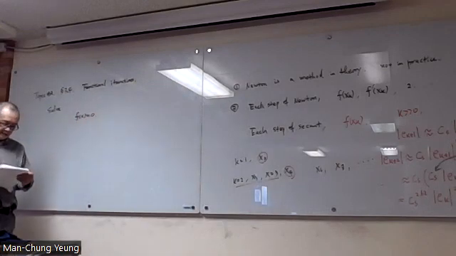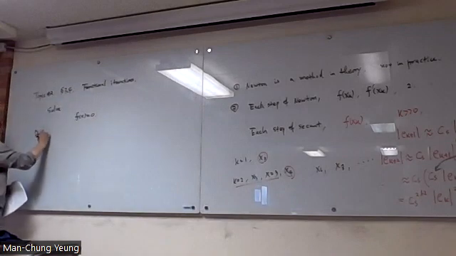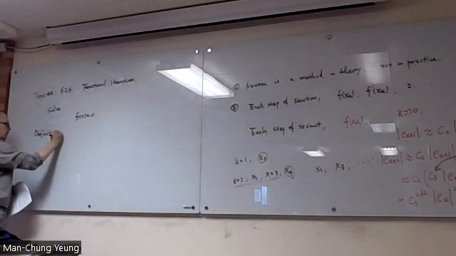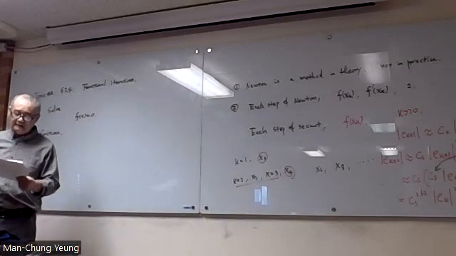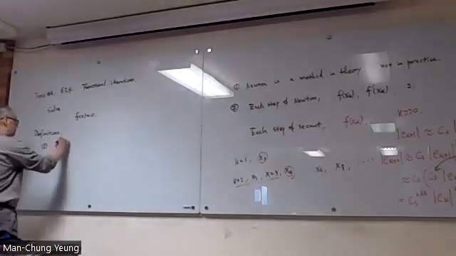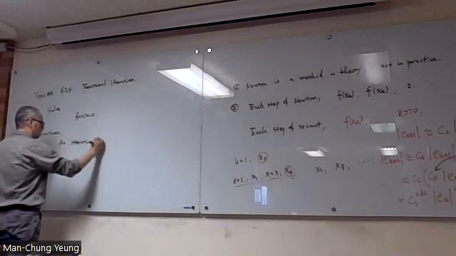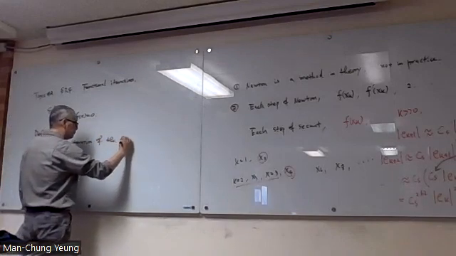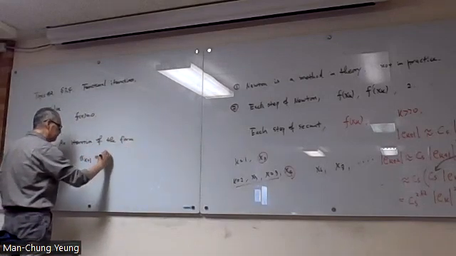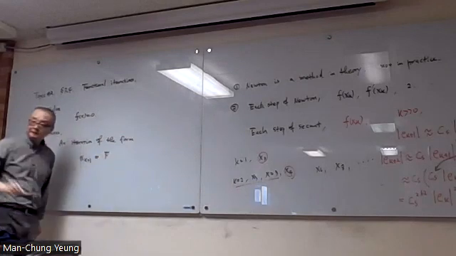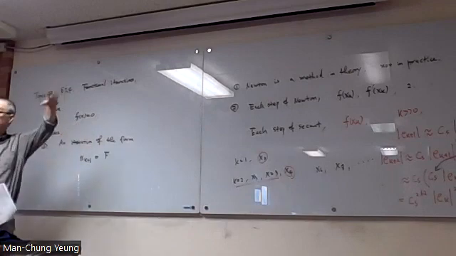Now let me introduce some definitions. Definition number one: an iteration of the form x_{k+1} equals capital F of x_k, where capital F is some function, different from little f.